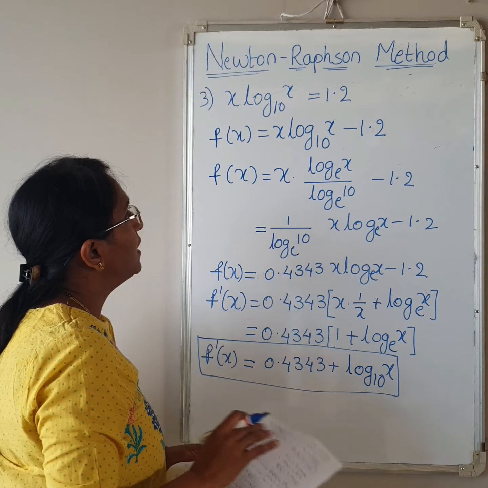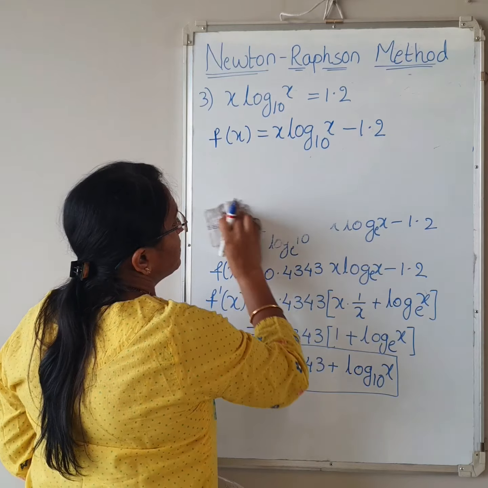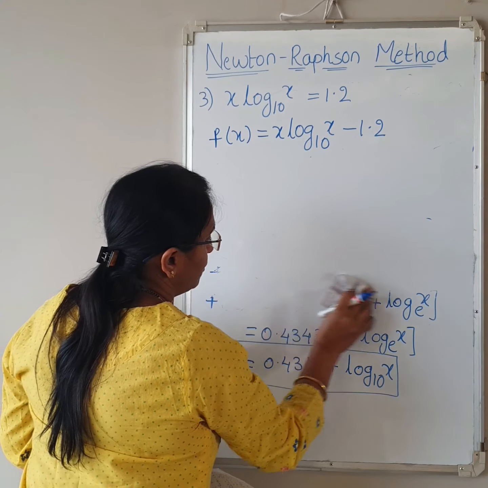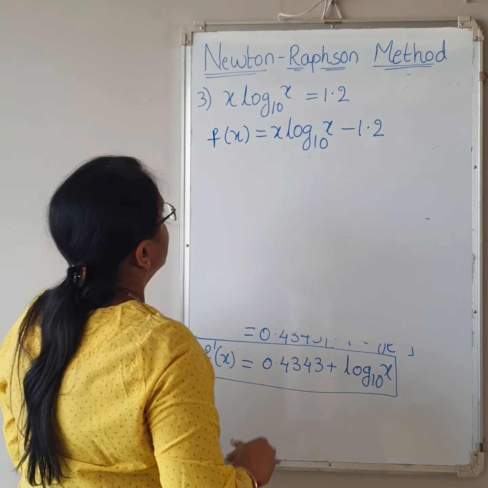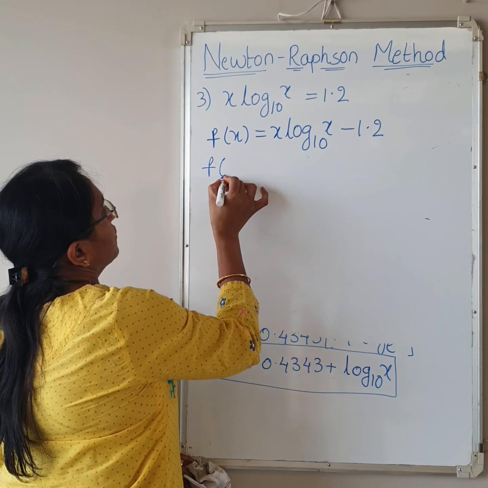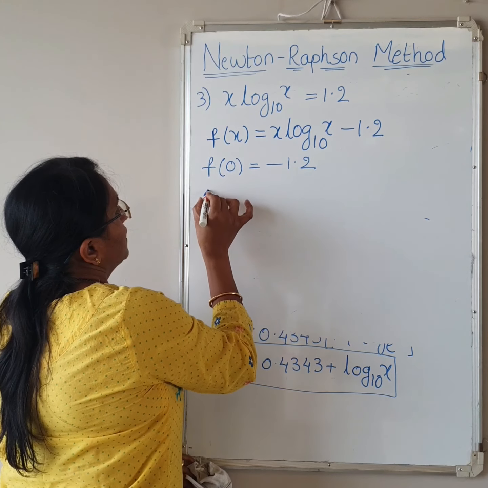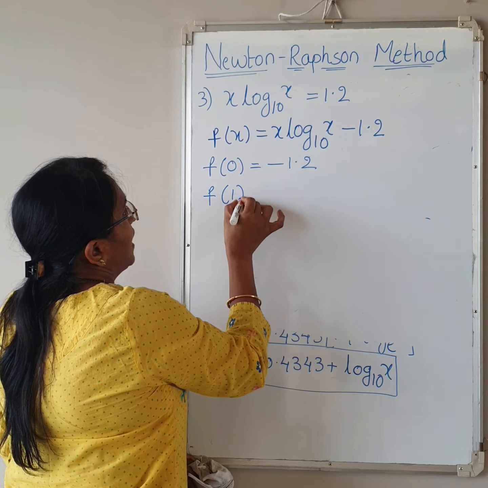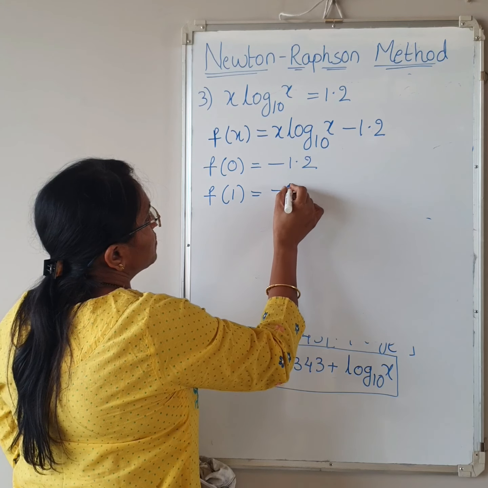Now we will find out the neighborhood point. For finding neighborhood point, as I explained in the previous examples, we have to find f of a, f of b less than 0. So we will start with f of 0. It will be minus 1.2. Next we will take f of 1. Again, if you substitute 1 here, log 1 is 0, so we get minus 1.2.